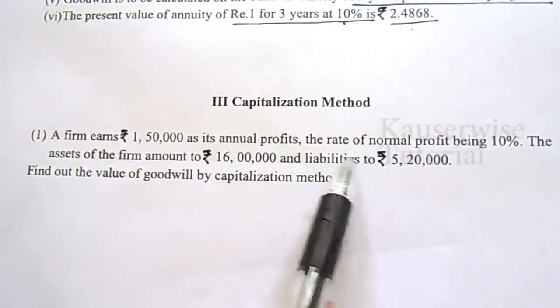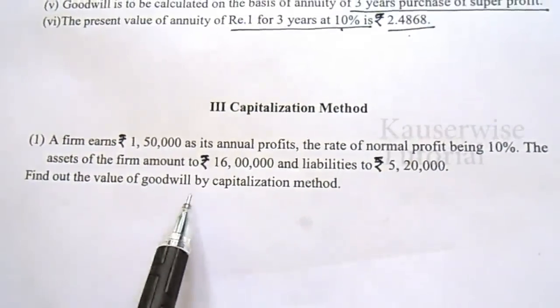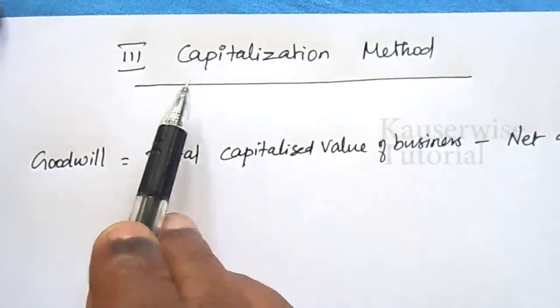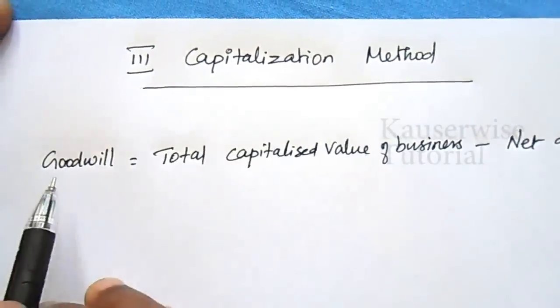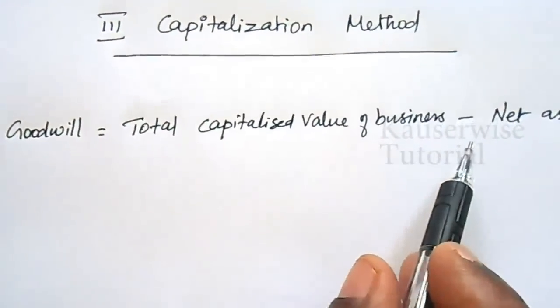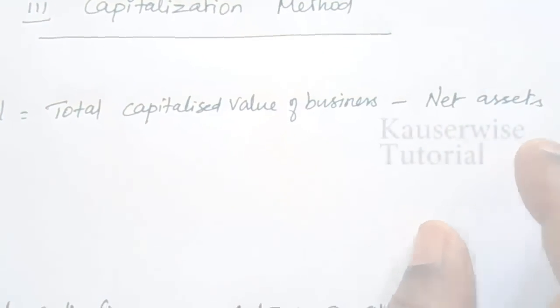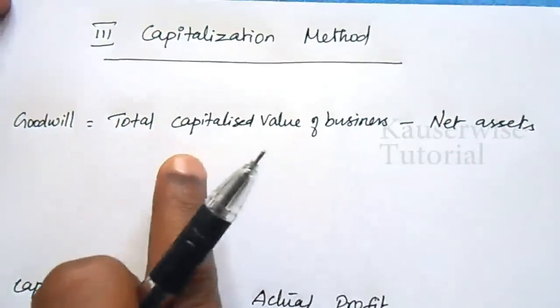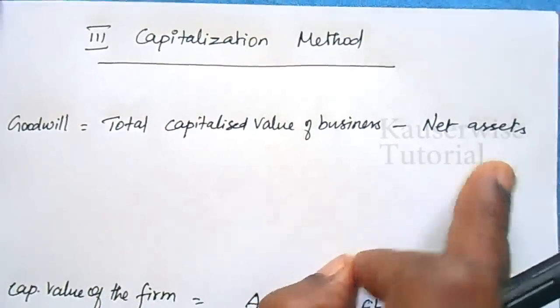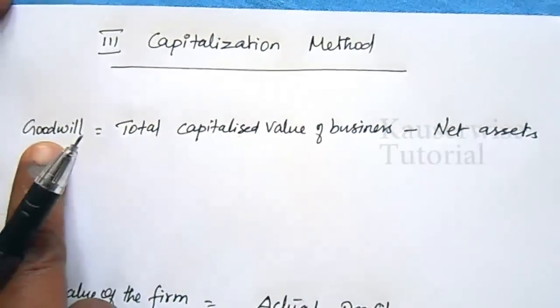With this information, they ask you to find out the value of goodwill by capitalization method. According to capitalization method, the formula for goodwill is total capitalized value of the business minus net assets of the company. So here you need to find two things: total capitalized value of business and net asset. The difference between these two is called goodwill.